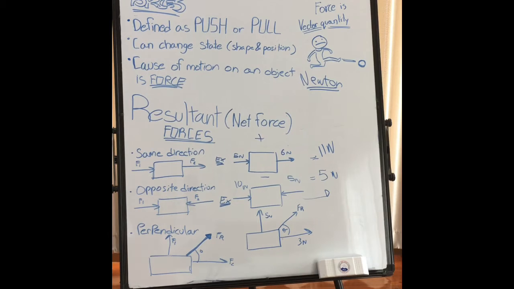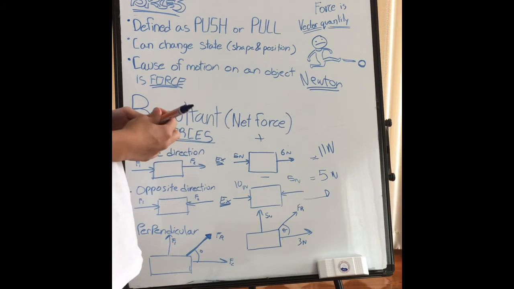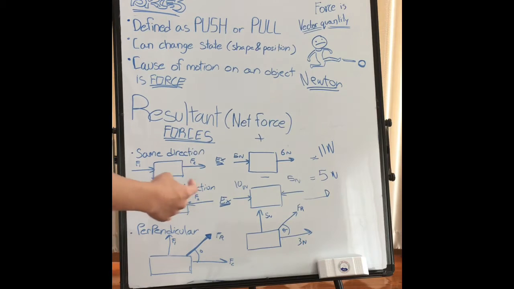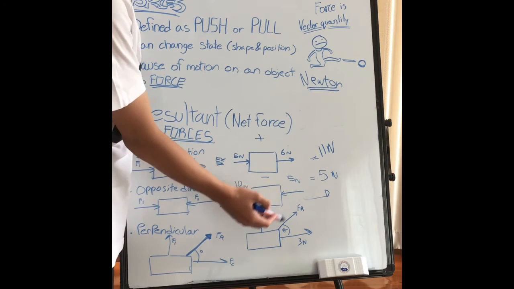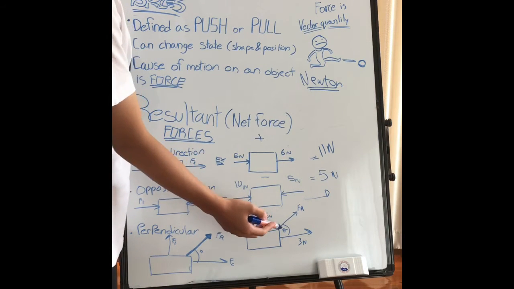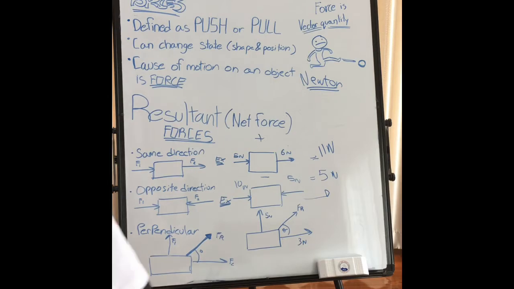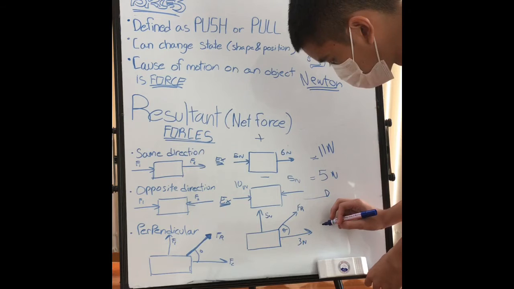And the last one is perpendicular. For example, 5 Newton upward and 3 Newton to the right. We need to find the resultant from here, and which also has an angle.